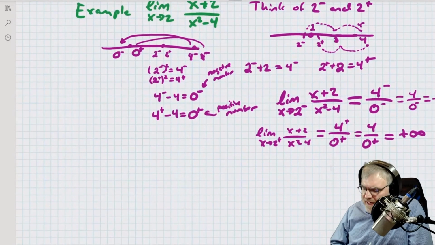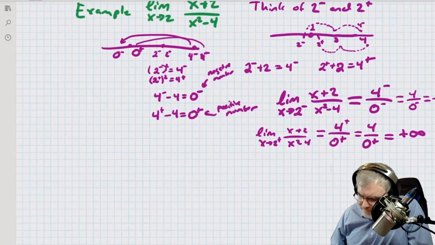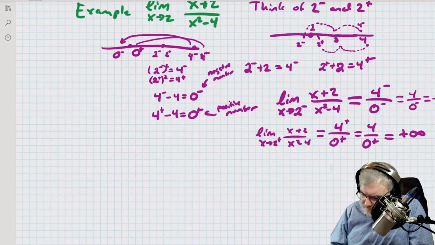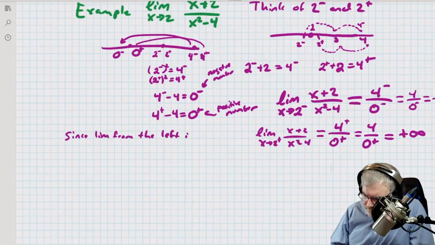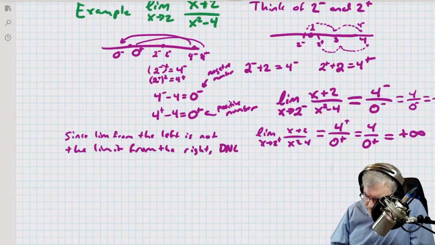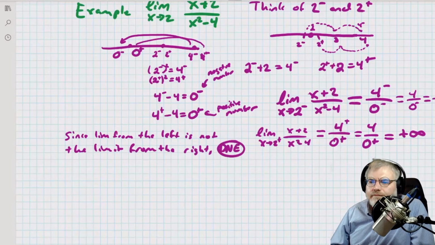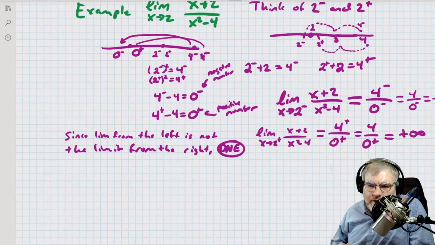So the limit does not exist. How do we feel about that, 1 to 5?